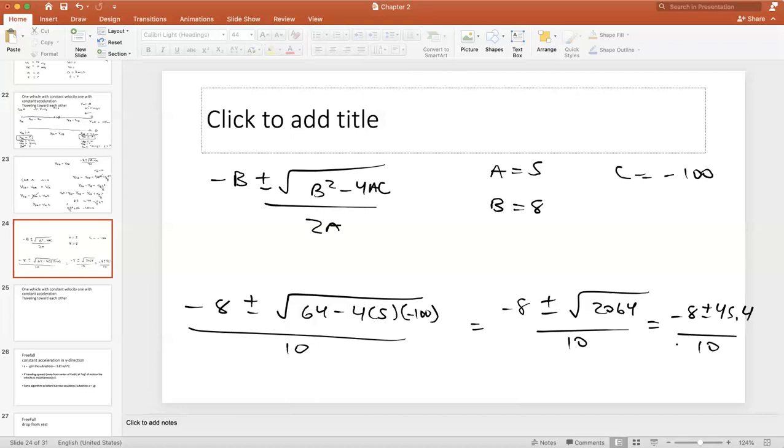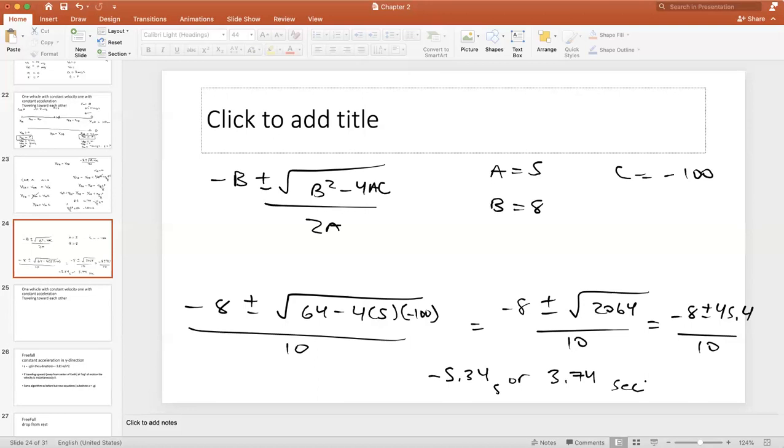I either get negative 53.4 over 10, so negative 5.34, or I get 37.4 over 10, which is 3.74 seconds. Which do I choose?